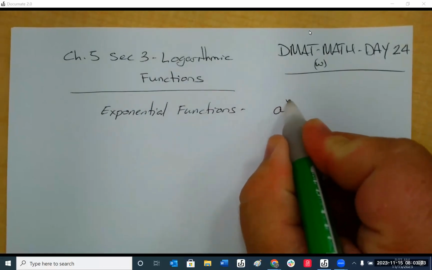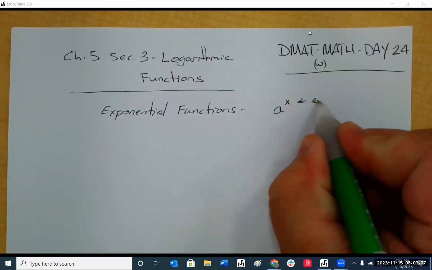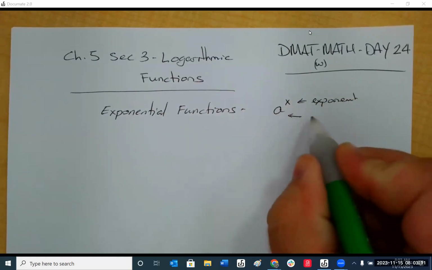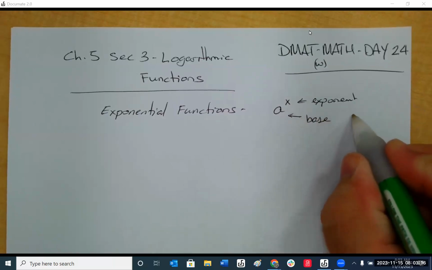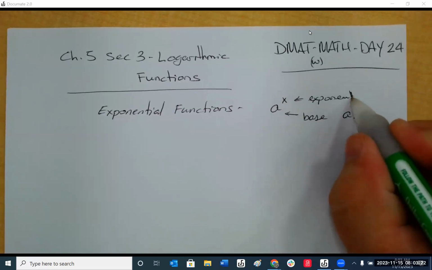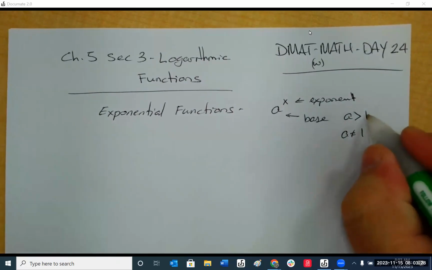Those were functions that had x as the exponent and had any number as a base, where a has to be greater than 0 and it cannot equal 1.